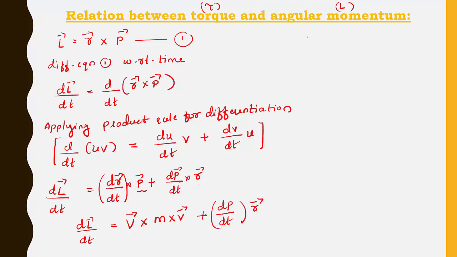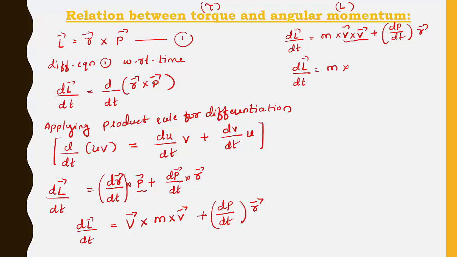Or this equation can also be written as dL divided by dt is equal to m, take outside, into v cross v plus dP divided by dt cross vector R. dL divided by dt is equal to m, keep as it is. What is v cross v?